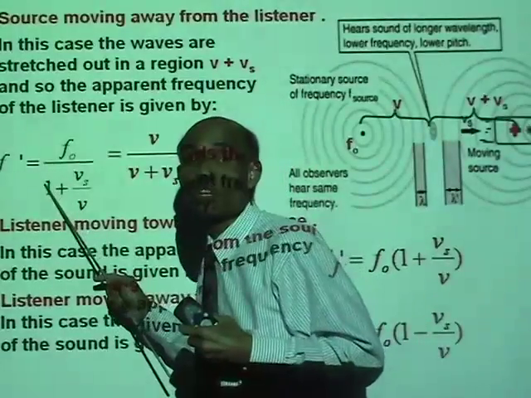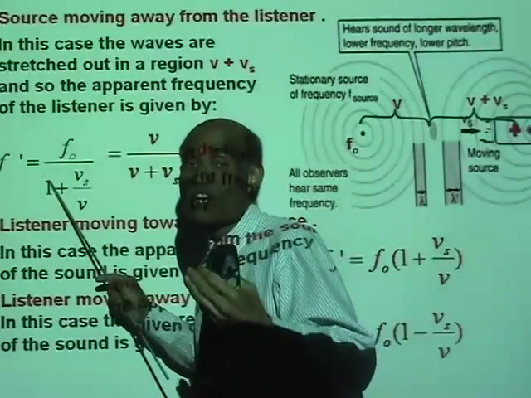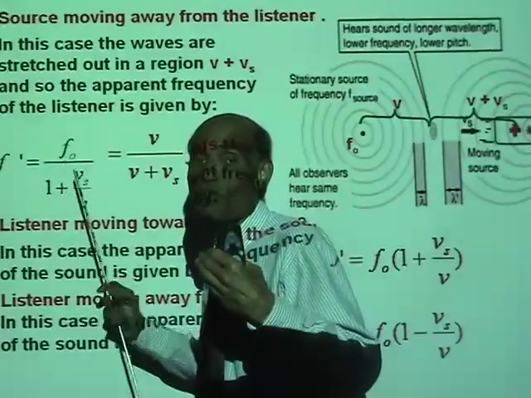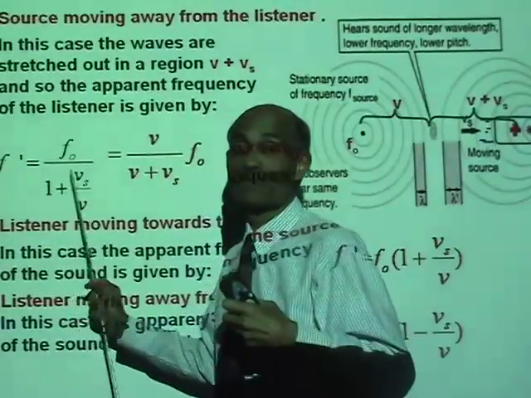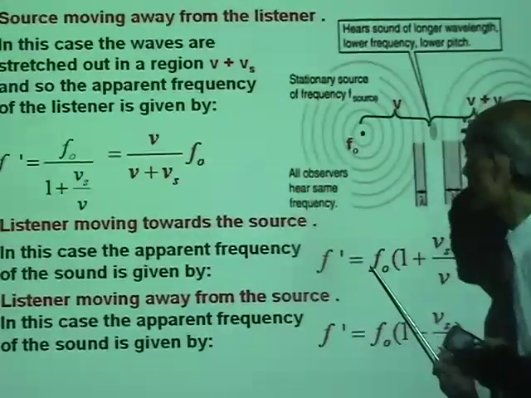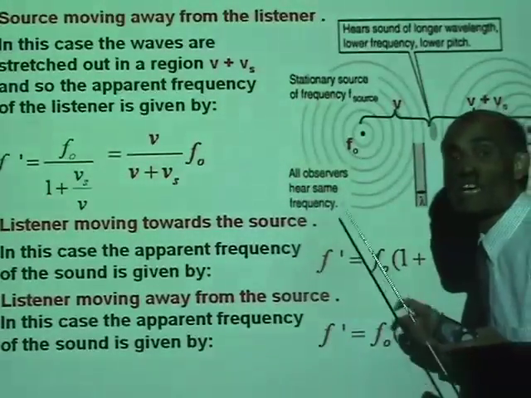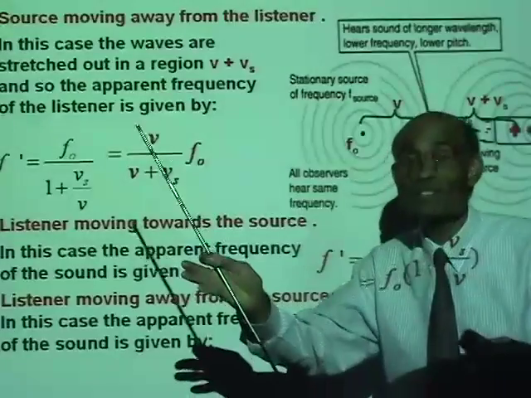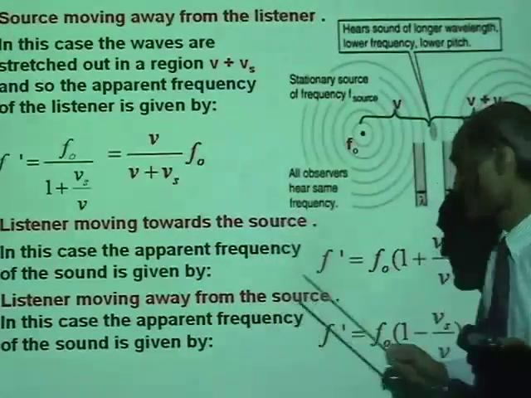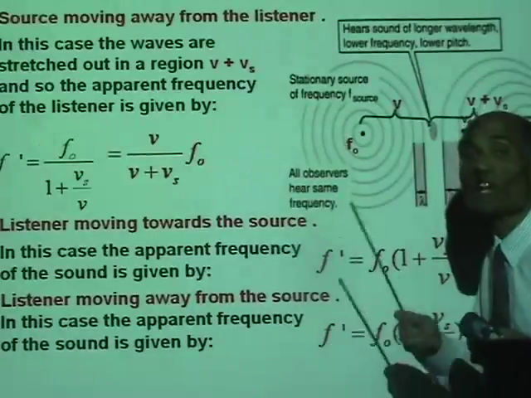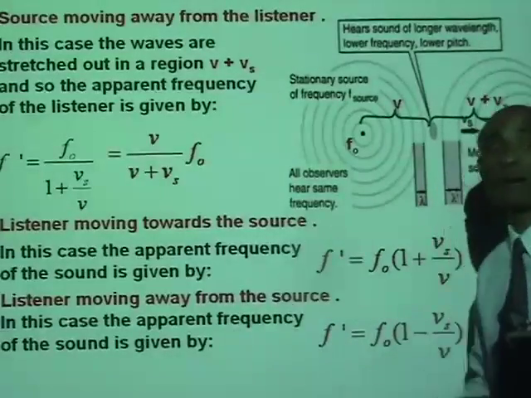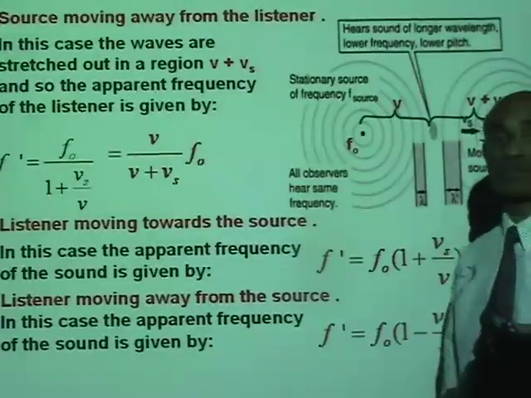Now, this is the apparent frequency as the listener hears it for the source moving away from the listener. And this is the apparent frequency when a listener moves towards the stationary source. And this is the apparent frequency when the listener moves away from a stationary source.